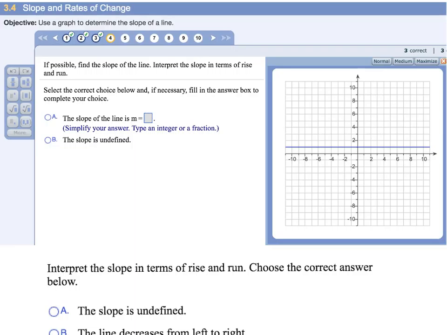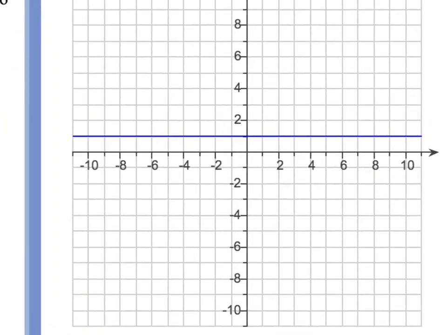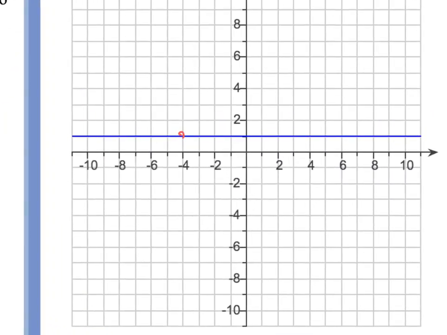Now here it says, if possible, find the slope. And so we're going to look over here, right here. And you can see that that line continues to be flat, right? So if we chose a point here and a point here, and we were talking about the slope, well, what's the rise and what's the run?